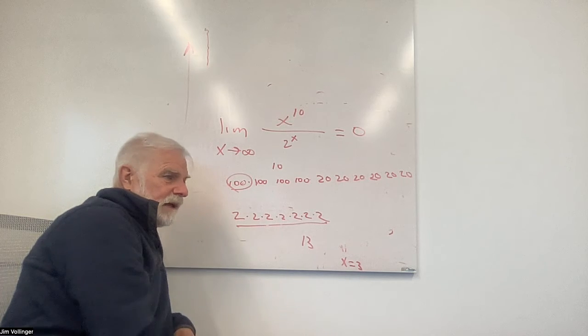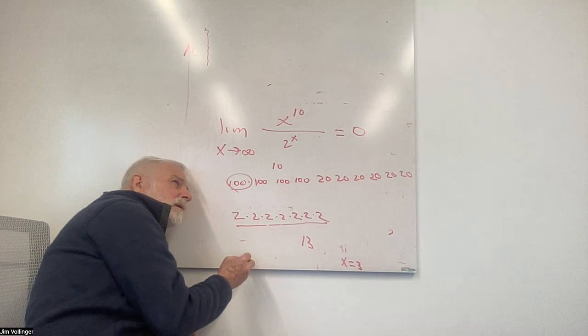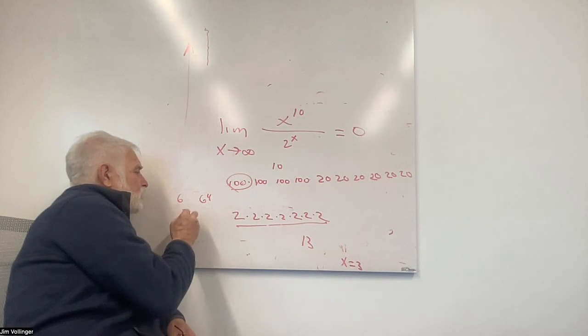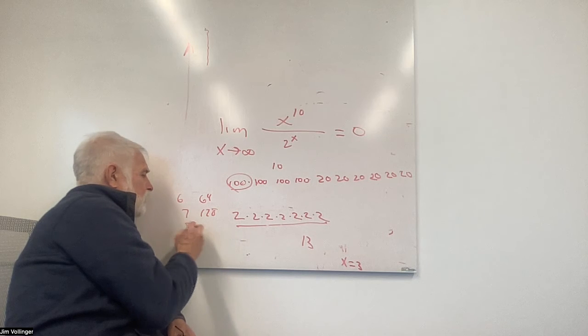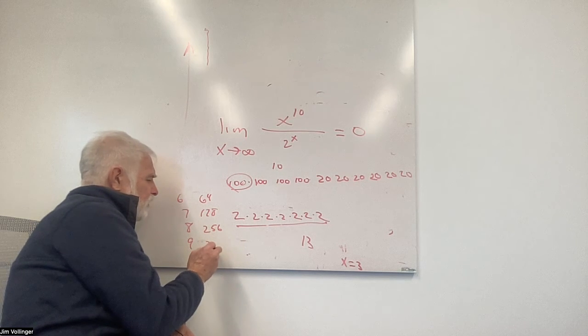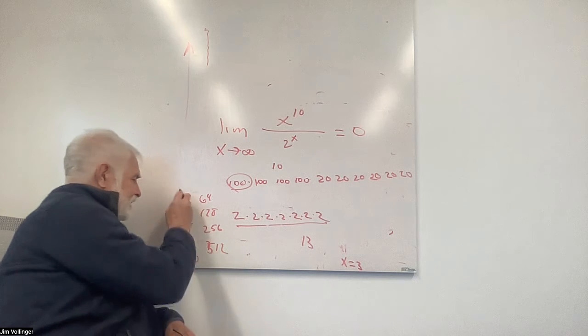And how long does it take to get to 1,000,000? Let's see, 2 to the 6th is 64: 16, 32, 64. So 6 is 64, so 7 is 128, so 8 is 256, so 9 is 512. So 10 times.